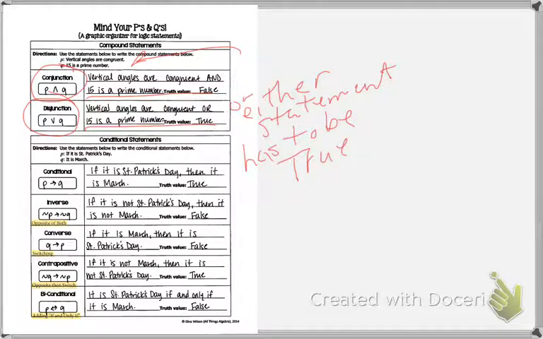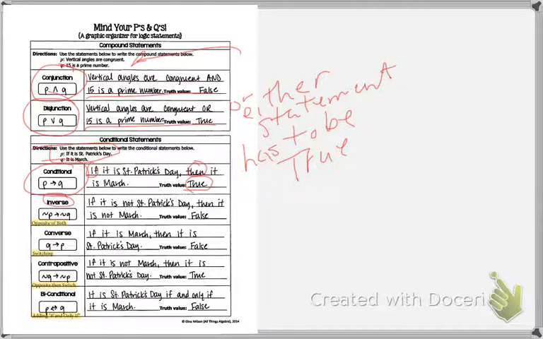And if you go further down, here you have an example of the conditional statements, using these for example. Here is the conditional, which is just straightforward. If this, then that. So if it is St. Patrick's Day, then it is March. Truth value. Inverse, again, what inverse is we say the opposite of both.